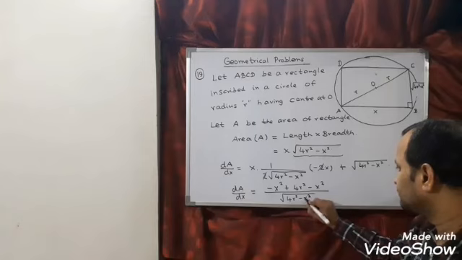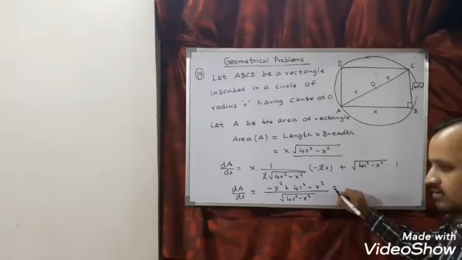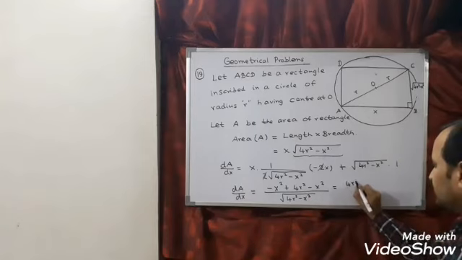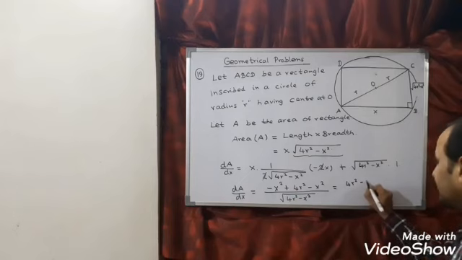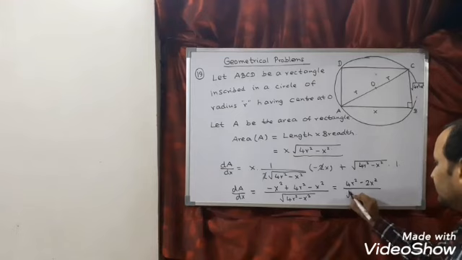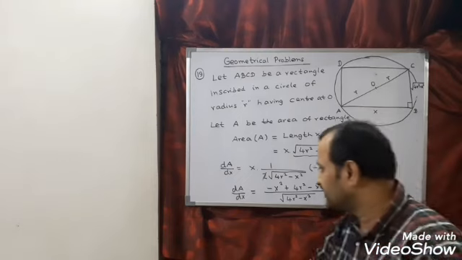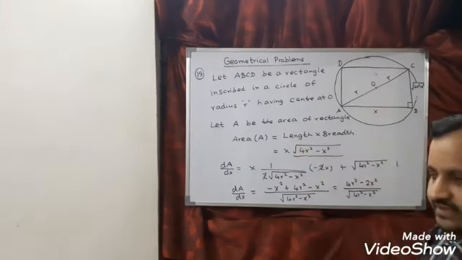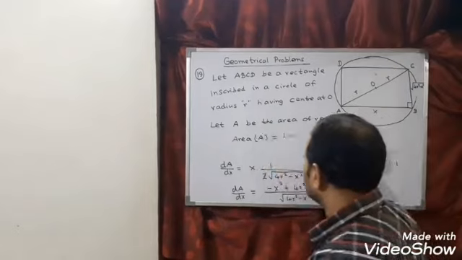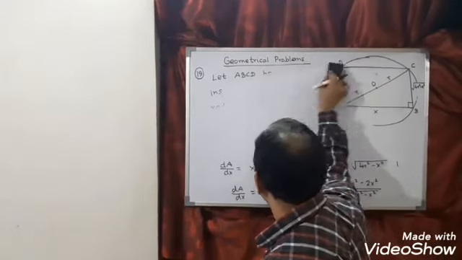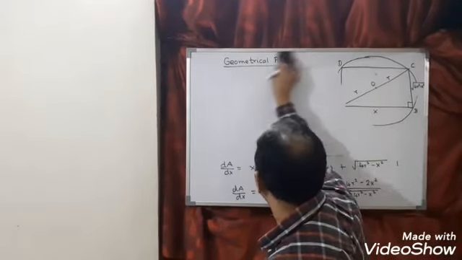Or this we can write as 4R square minus 2X square divided by square root of 4R square minus X square. So this is the value of dA by dx. Question is what? Maximum area. So maximum area means what? dA by dx should be equal to what?